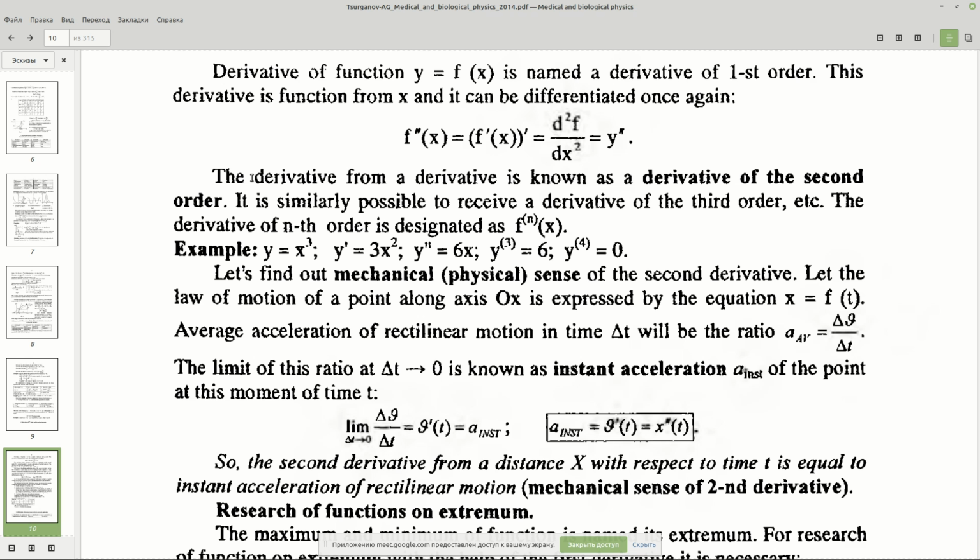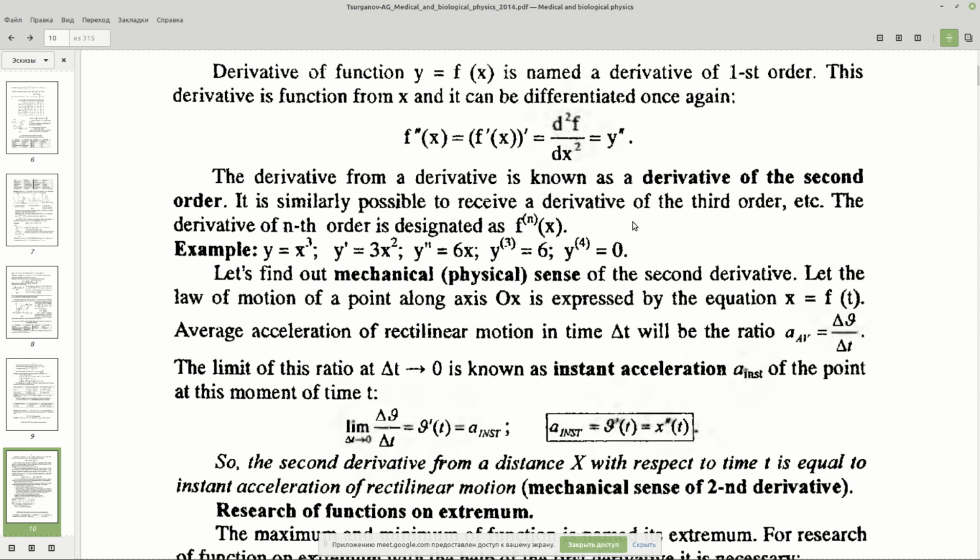It is similarly possible to get a derivative of the third order, etc. The derivative of nth order is designated as y to the power n, or f to the n of x.